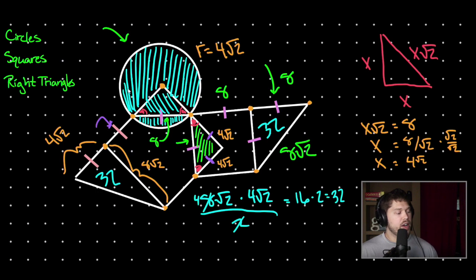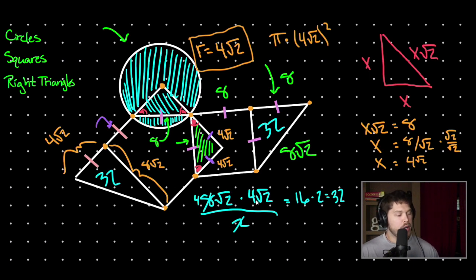Lastly, what's the area of my circle? Well, we know that the radius is 4 square roots of 2. And we should know that the area of a circle is pi times the radius squared. And so pi times 4 square root 2 squared is going to be equal to what value?